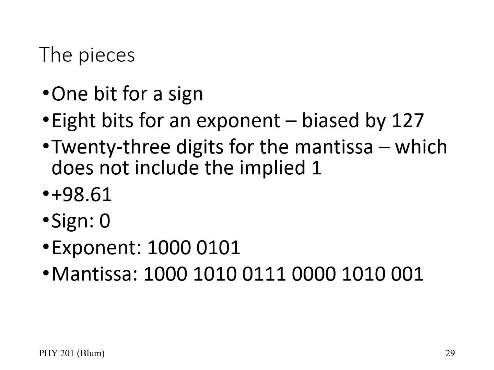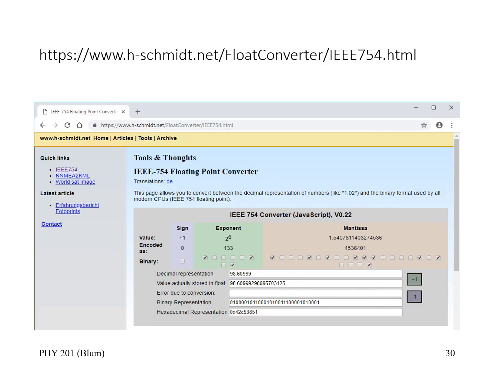So here we're showing a floating point converter that was found on the internet, and again, this is our example of 98.61. The sign bit was 0, so that is unchecked. Our exponent was 10000101, and so we check where there are 1s.